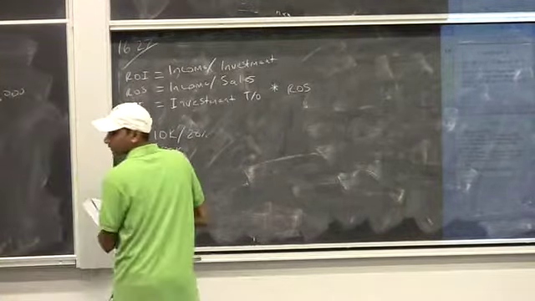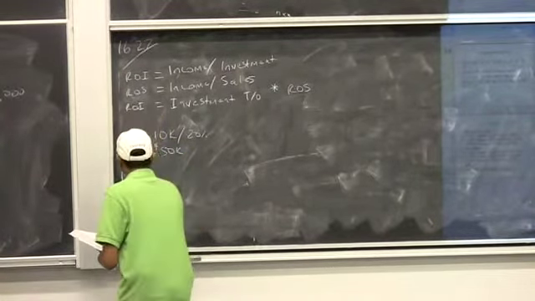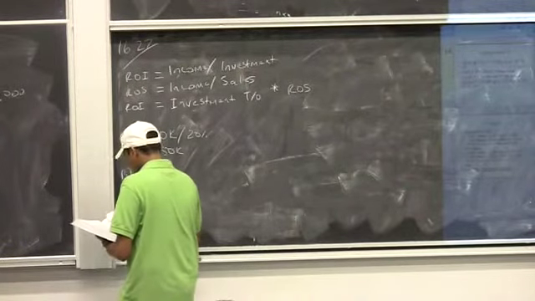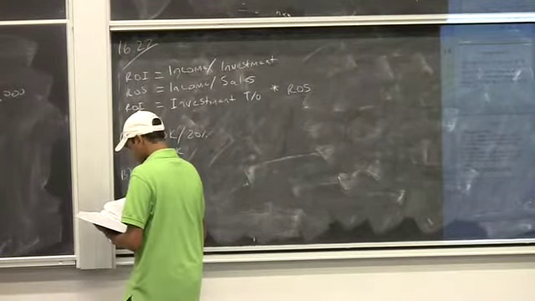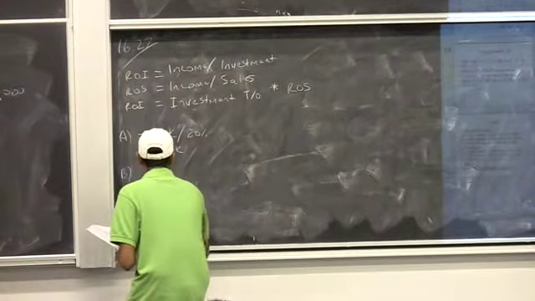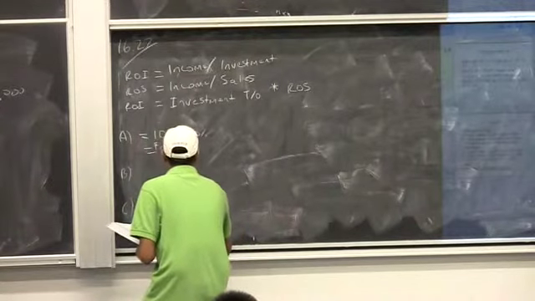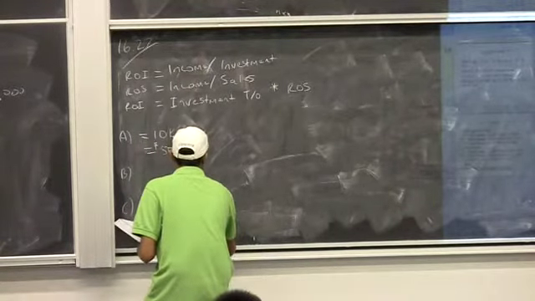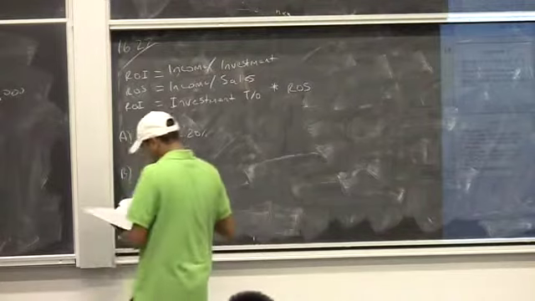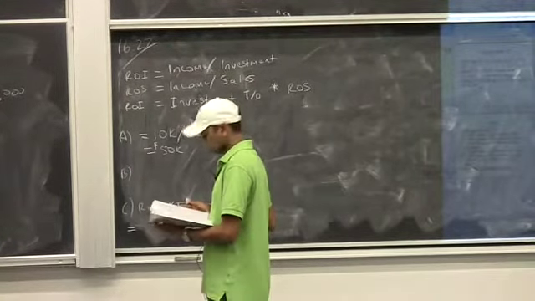Sorry, say that again. I can't hear you. For C, you use your return on investment divided by investment turnover, right? So for C, how much is that? 0.066.